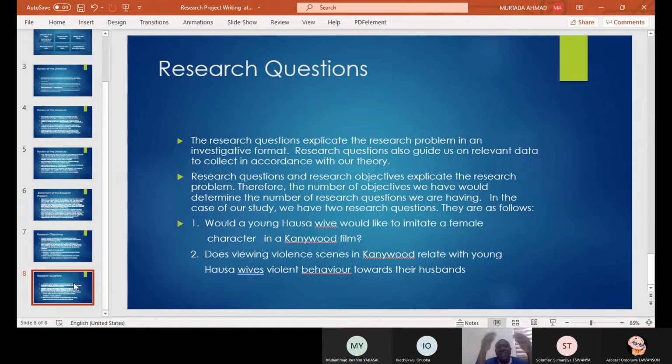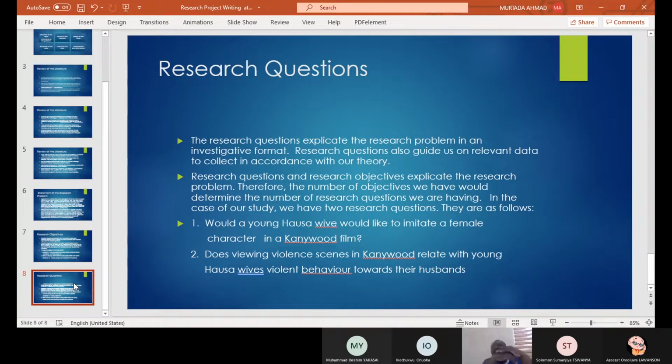When we have research questions, it's like we are turning the research problem into questions, in an investigative format, in order that this is the study we would like to carry out, because when you ask a question, you answer yourself, and you'll be able to know that you are getting it right.